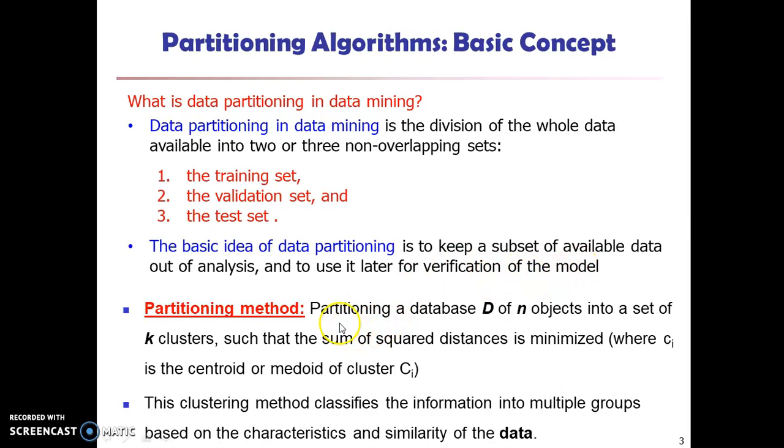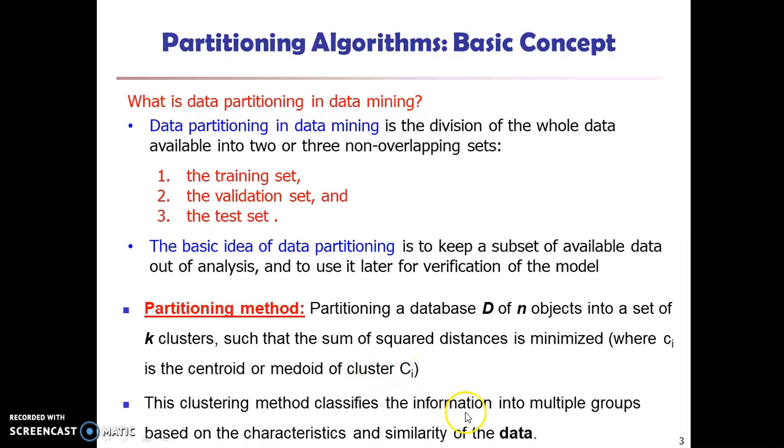Now, exactly what we are doing in the partition methods. The given database D, which contains n objects, can be split into a number of clusters, K clusters, such that the sum of squared distance is minimized, where Ci is the centroid or medoid of the cluster Ci.